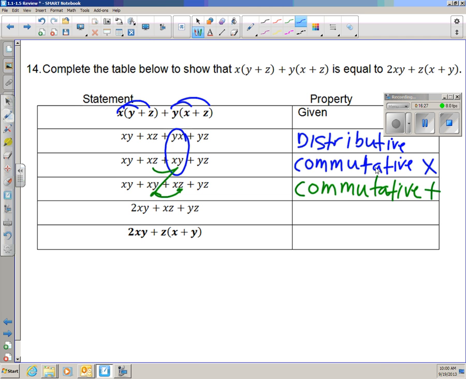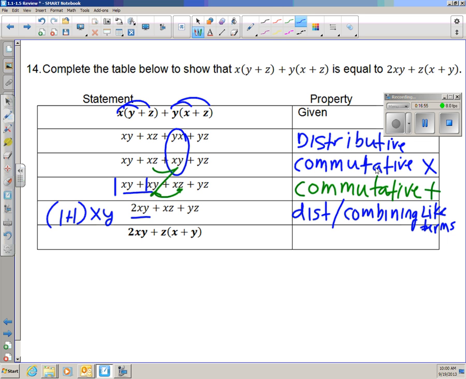Well, somehow these guys became this guy. So basically we said, all right, if I'm talking about xy's, I've got coefficients here of 1 plus 1. That happens to be combining like terms, or you can consider it to be the distributive property. Whether you do distributive property or you call it combining like terms, I'll accept either one.